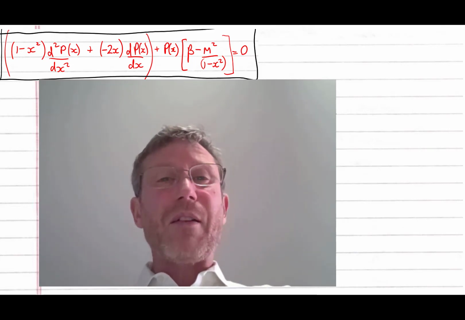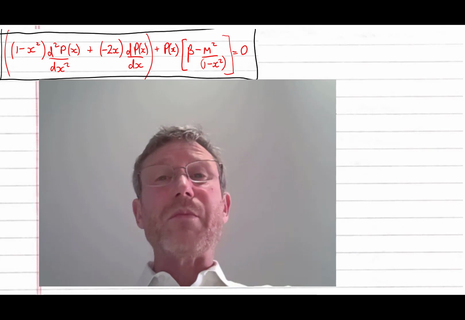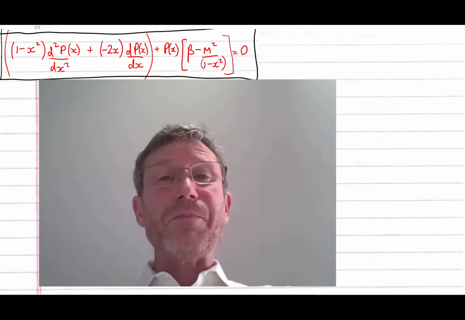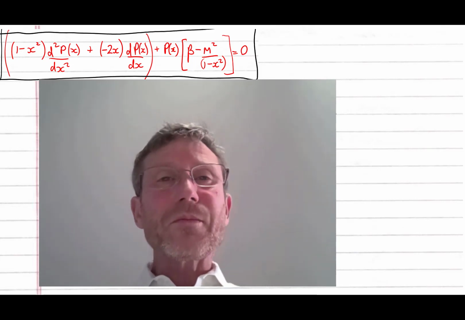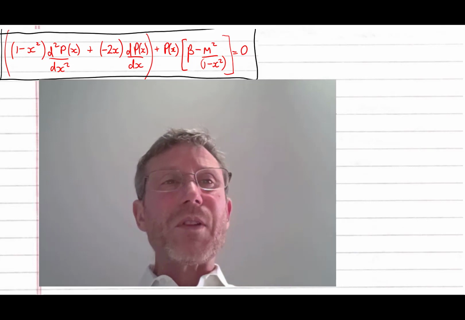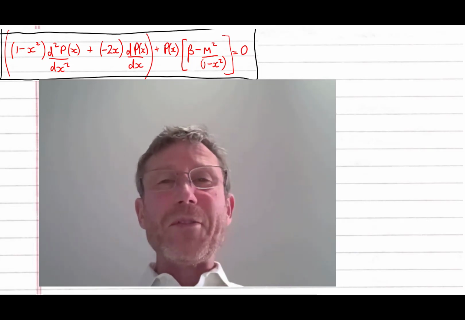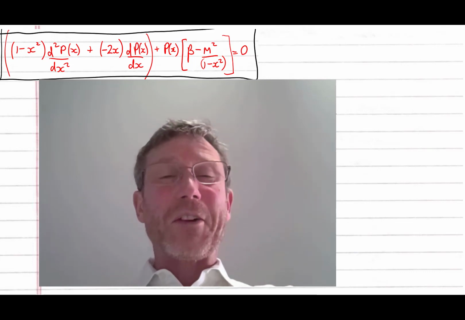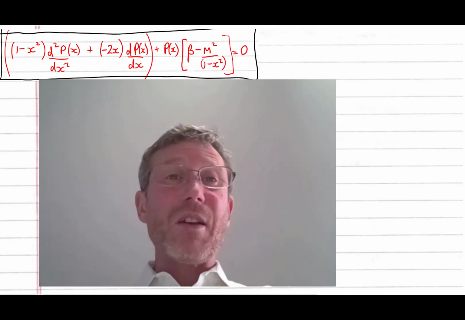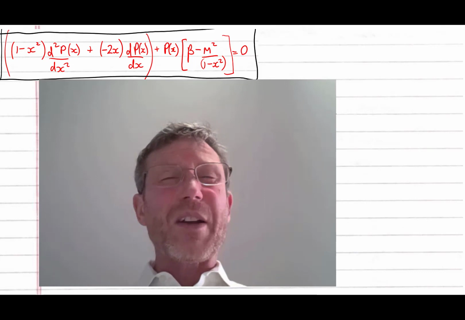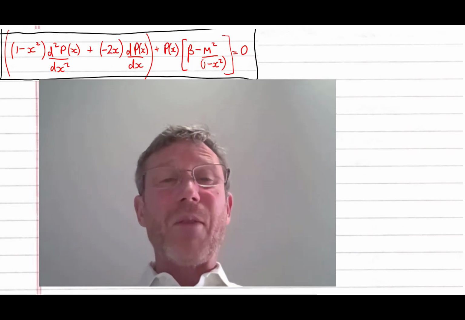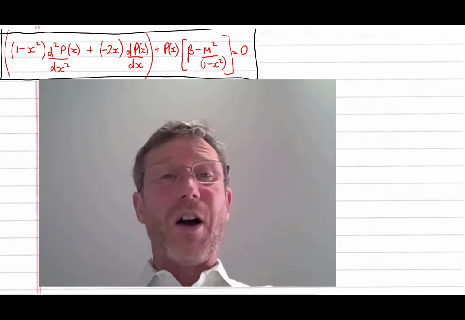We're at a place right now where we're going to complete this section and come to a conclusion about these so-called spherical harmonics. The spherical harmonics describe the solution to the Schrödinger equation when the radius is constant. So we're going to start to think about what this all means as we move towards the hydrogen atom.